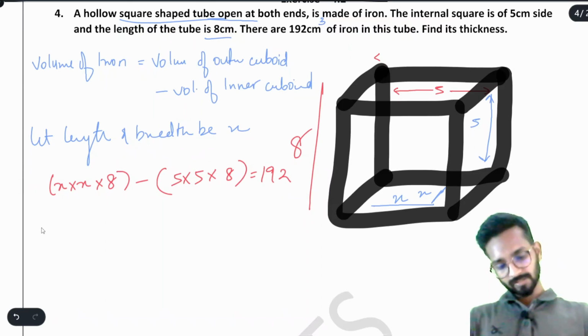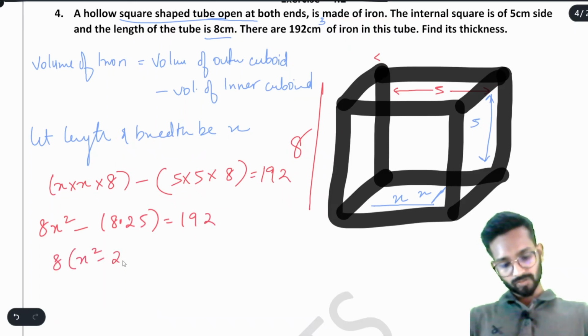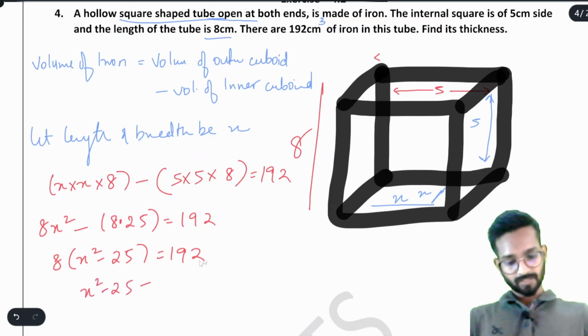So now you can say 8x square minus 8 into 25 is equal to 192. 8 common, x square minus 25 is 192. So x square minus 25, 8 on one side, 8 twos are 16, 32 is 4, x square is 49, therefore x is equal to 7.